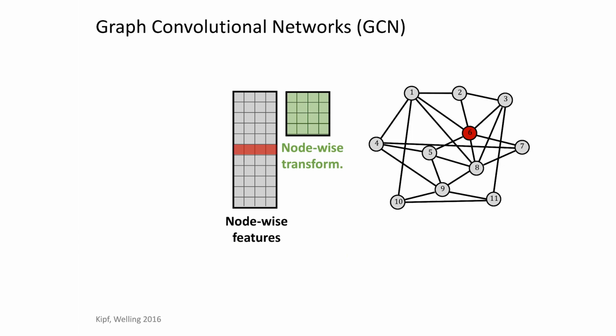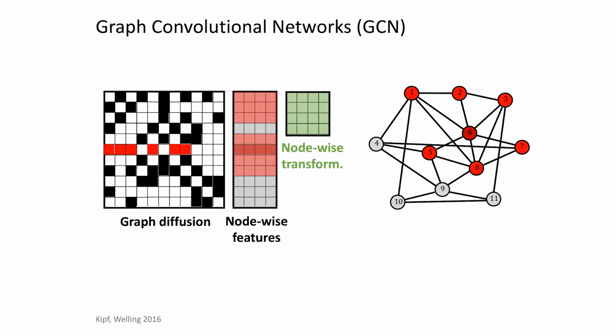Basically, this is right-side matrix multiplication. And we can diffuse these features on the graph by averaging or combining features at adjacent nodes, by multiplying from the left by a diffusion matrix, which can be the Laplacian, the adjacency matrix, or something like this. So this is how the simplest analogy of a graph convolutional layer looks.